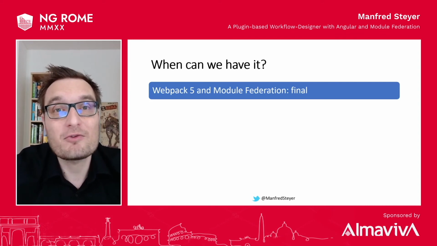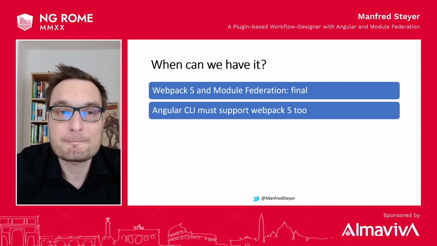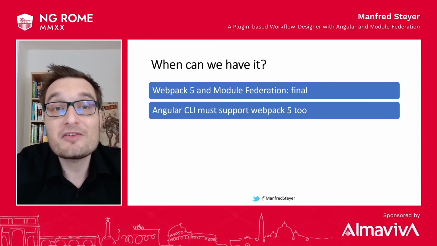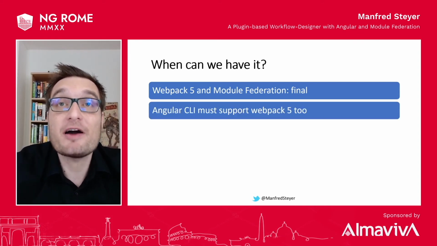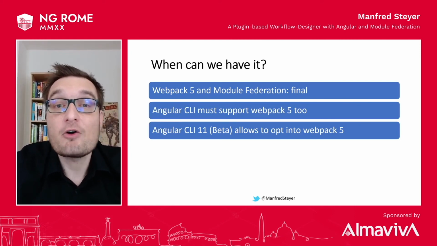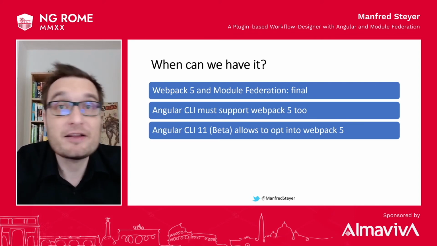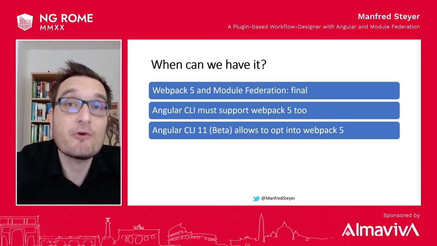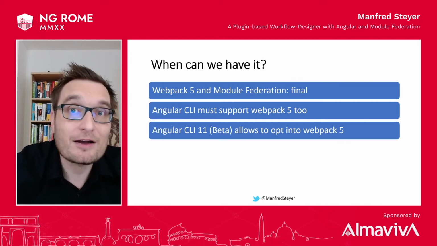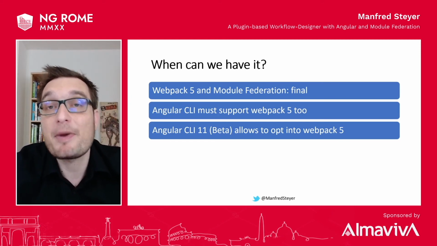It has been released at the beginning of October 2020. But the Angular CLI must support Webpack 5 too. The current beta version of the CLI already allows you to opt into Webpack 5. By default, it is using Webpack 4 and it works better currently with Webpack 4, but you can opt into Webpack 5.